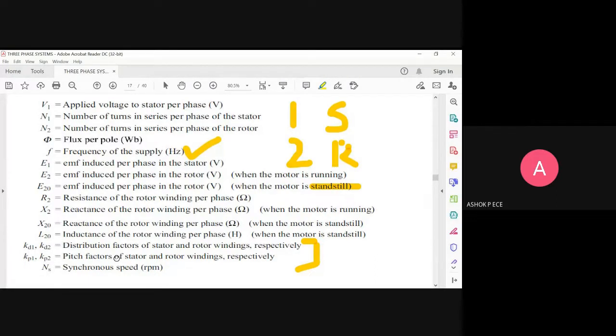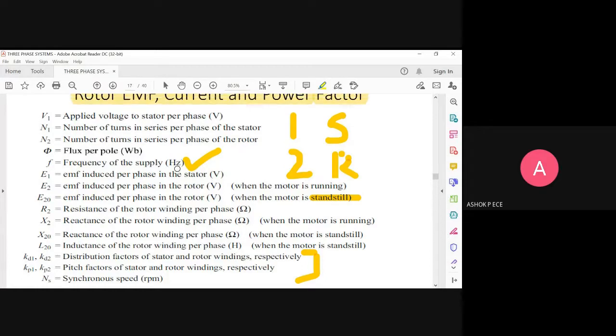Just understand that these factors have to be considered whenever I'm going to consider the windings as a part of my derivation. Unless you know the synchronous speed of rotation, the speed at which your stator magnetic field is going to rotate. Okay, so these are the parameters assumed. With these parameters, we are going to derive the rotor EMF, current and power factor of the induction motor.